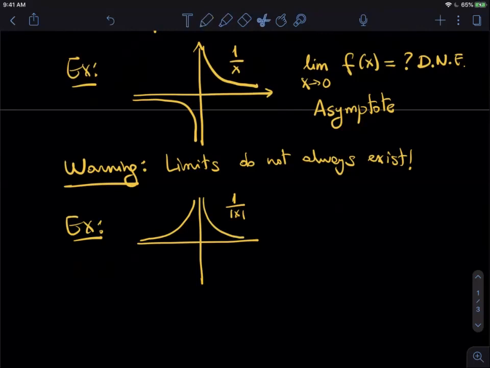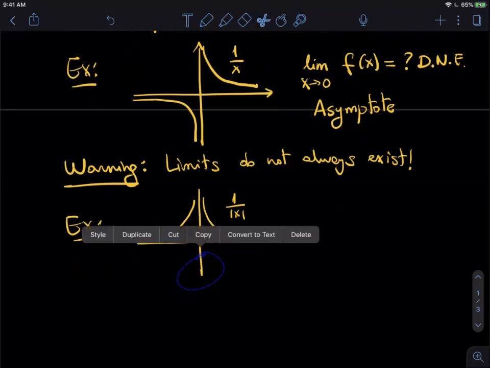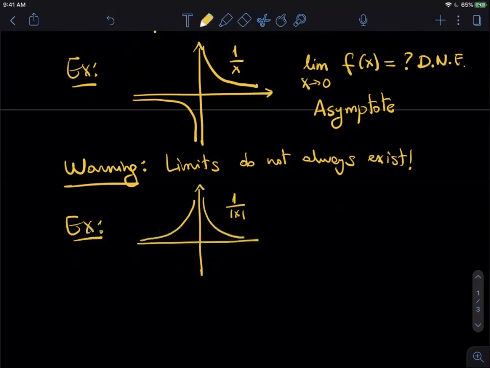Remember the definition of absolute value: it changes the sign from negative to positive, and the positive stays as it is. In this case, the limit as x tends to 0 also does not exist.